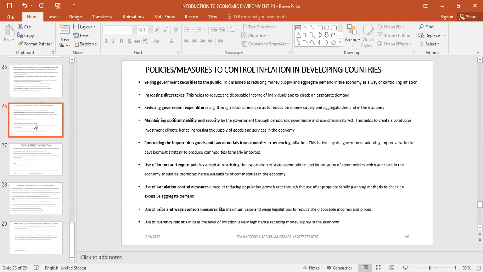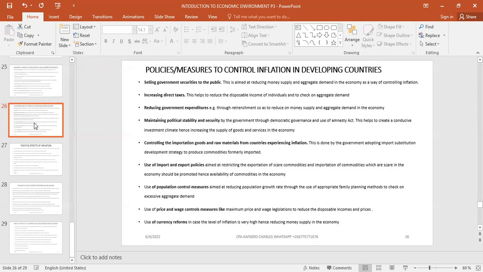Use of import and export policies. Use of population control measures to reduce the aggregate demand. Use of import and export policies, that one I've talked about. Use of price and wage control measures, like maximum price and wage legislations.